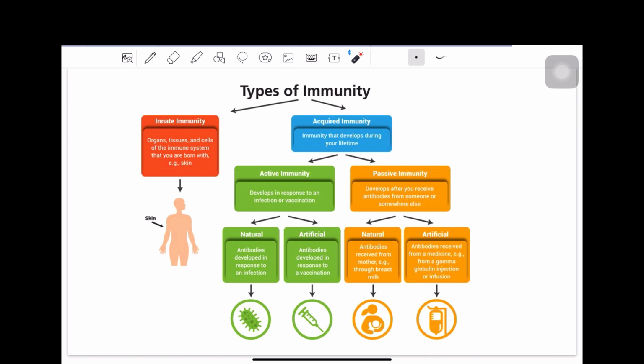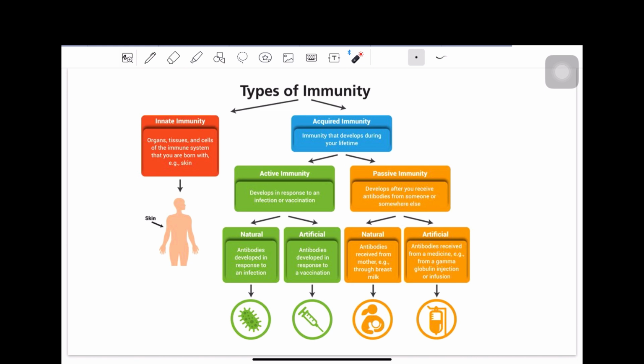So the newborns need these antibodies for quick protection against any pathogen because they are very susceptible to any pathogens that might be in the environment. So the newborns need these antibodies which come from the breast milk of the mothers. So this is how passive natural immunity works.